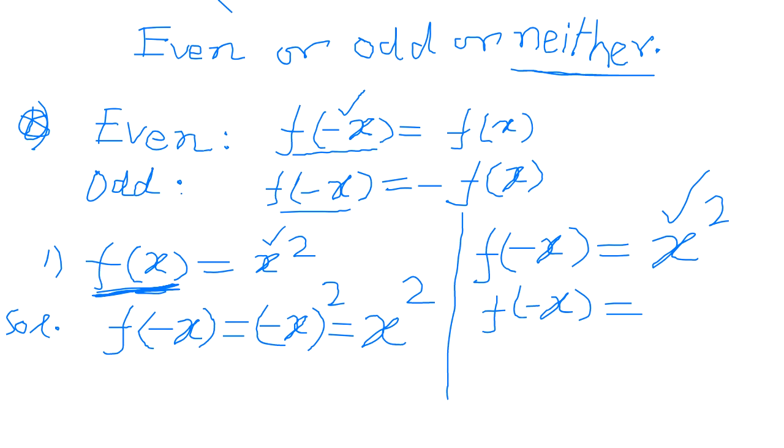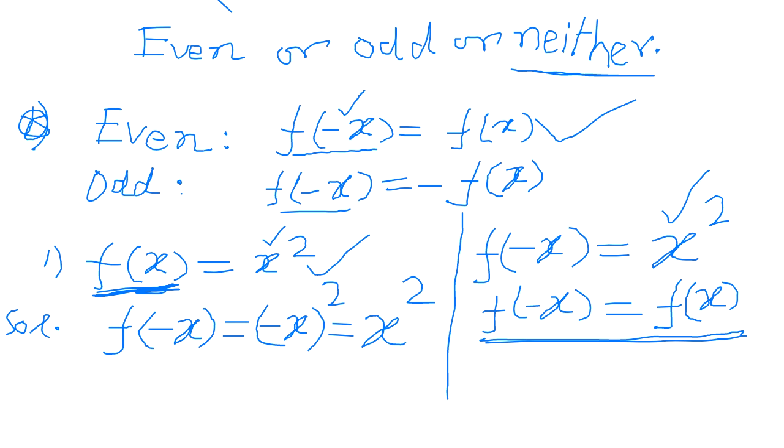So this is the first condition, f of minus x equals f of x. It means this function f of x equals x squared is even.